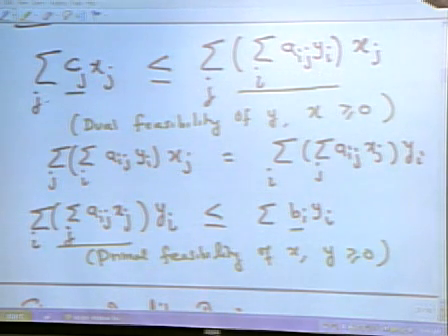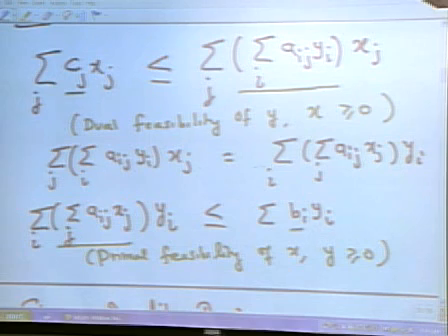Why is that? Well, if y is dual feasible, then cj has to be at most this quantity underlined in green. That's the dual constraint, right? That's the jth constraint of the dual problem. And if x is primal feasible, then xj is non-negative. And therefore, the first inequality is valid.